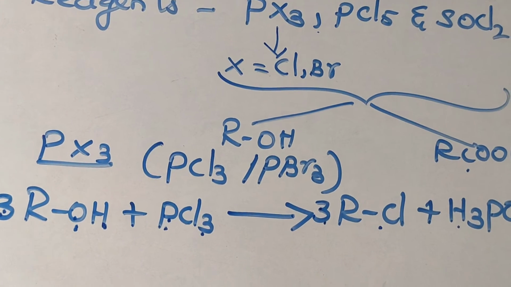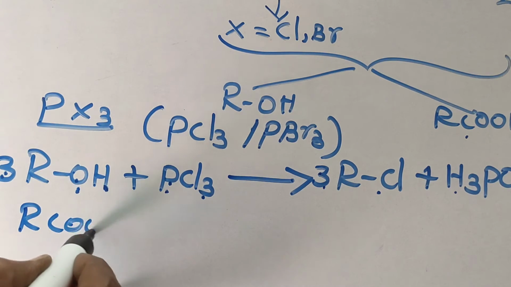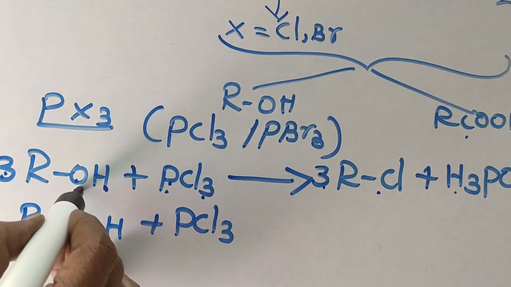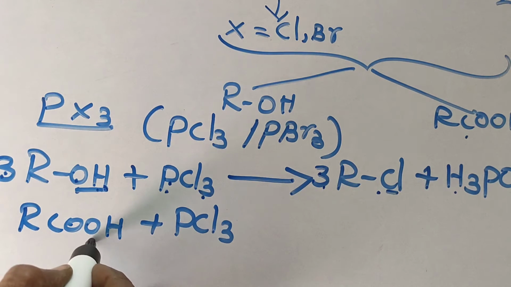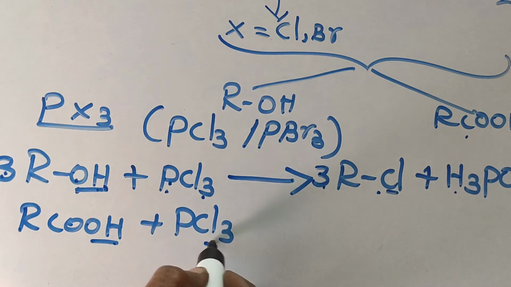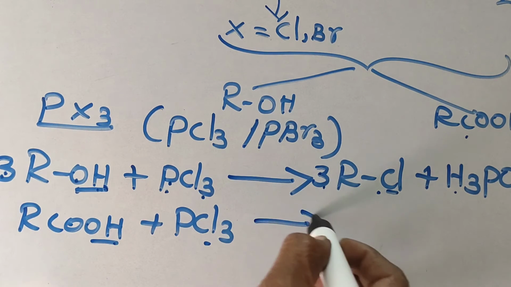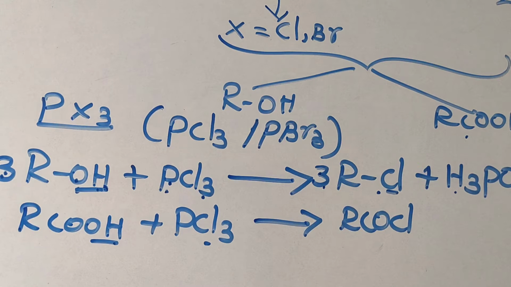Same type of reaction with RCOOH also. RCOOH plus PCl3. Here the hydroxyl group is replaced with Cl, nucleophilic substitution. So here also the hydroxyl group is going to be replaced with Cl. Same type of reaction. So here RCOCl, acyl chloride, plus what is pending here?